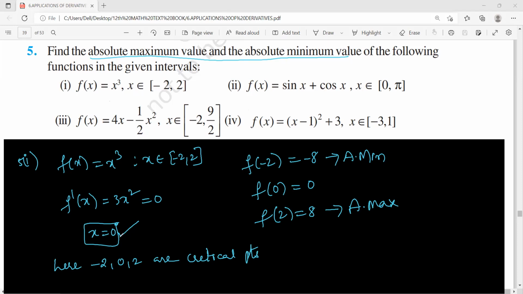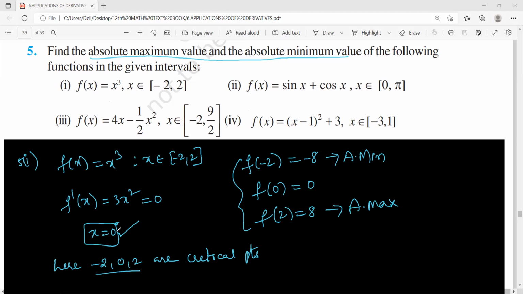At these critical points you will have maxima or minima, but if I substitute in the function, I will understand. The second derivative test you check to find out whether it is a local maxima or local minimum. But here I am only substituting in the function. Now I got the critical points.